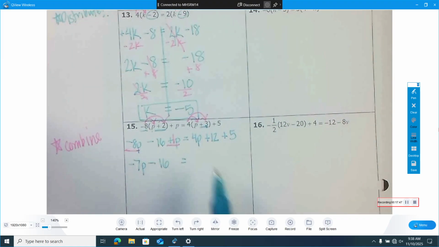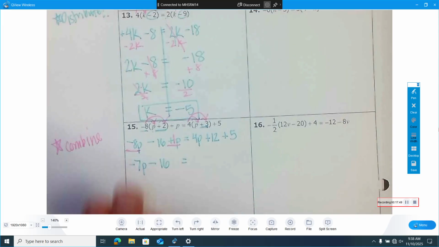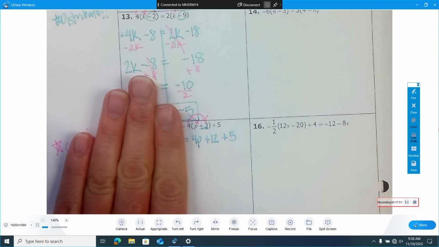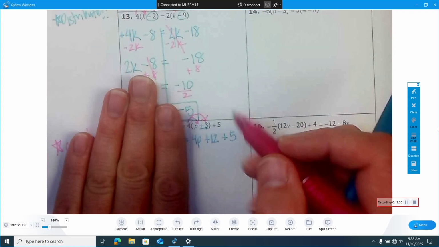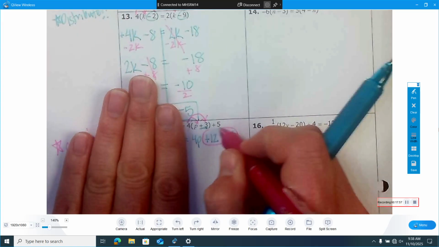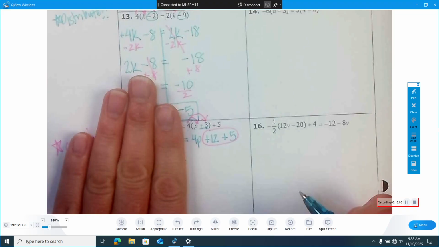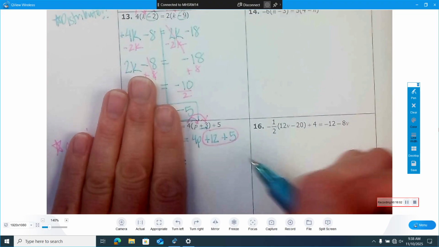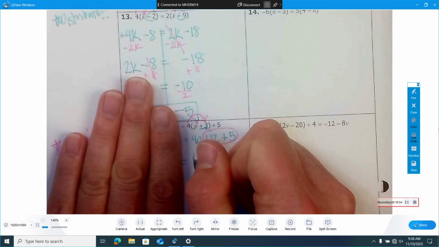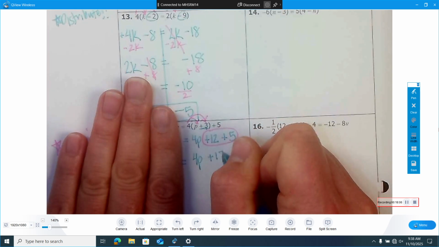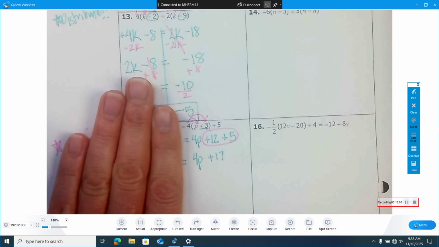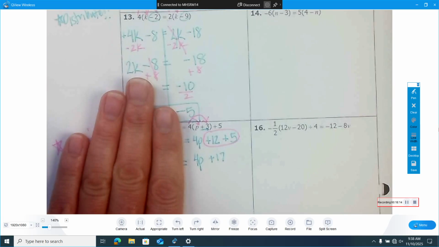Now, just looking at the right-hand side. I just want to simplify that right-hand side. What can we combine on the right-hand side? Yeah, positive 12 and positive 5. What would that combine to be? 17, yeah. So 4P and a positive 17. So when they're on the same side, you do exactly what it says, okay? You don't have to change any signs. You don't have to do the opposite or anything like that. We just want to clean it up.